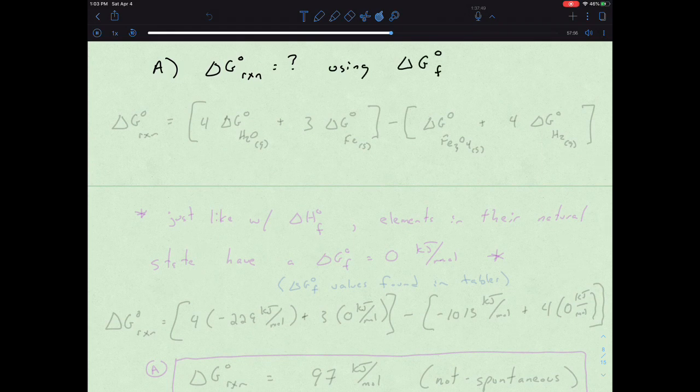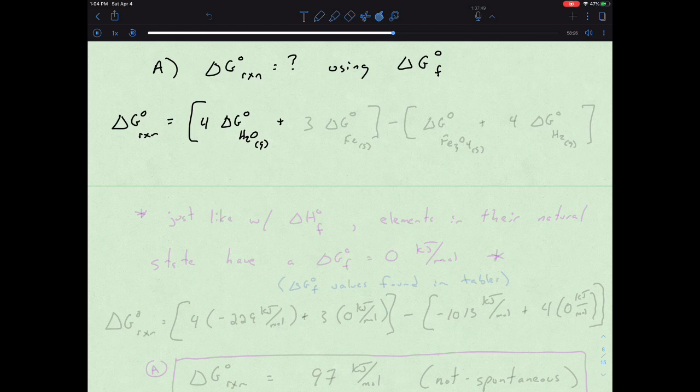So basically we need to look up these delta G's of formation. We go up to our reaction. We would have to look at our products first. And so on that product side, we have 4 of these gaseous H2O molecules.